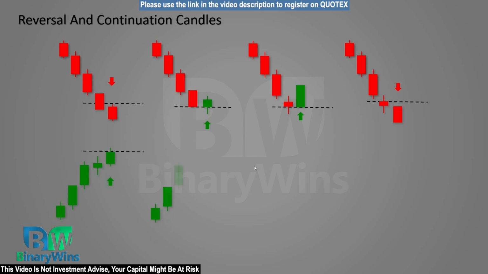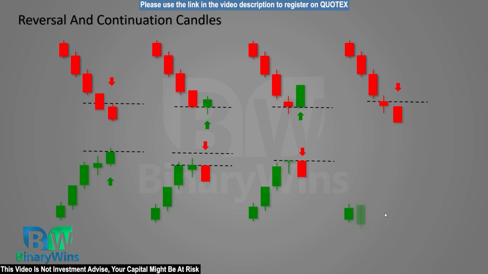In the momentum trend, a spinning top candle on the level causes the trend to reverse. If a doji candle is formed on the level in the momentum trend, it means there is a possibility of trend reversal.